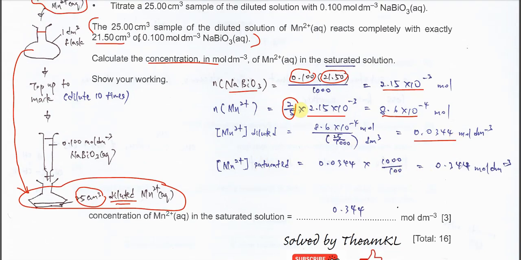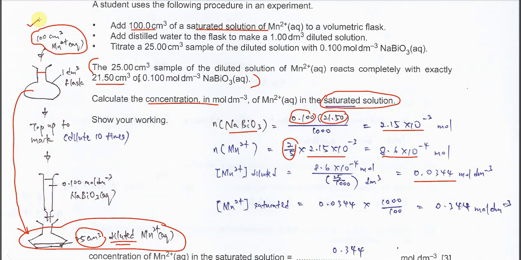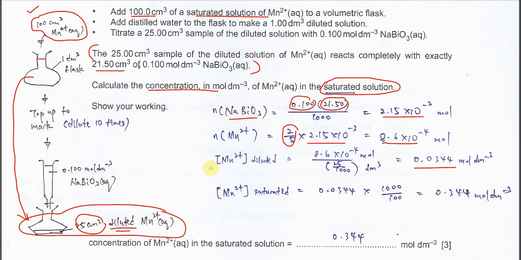Because now the question asks for the concentration of the saturated solution, meaning the solution that was initially used. In this part, the concentration here is for the diluted solution, and this solution was diluted 10 times from the concentrated or saturated solution.